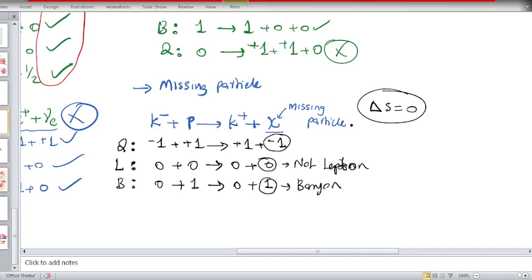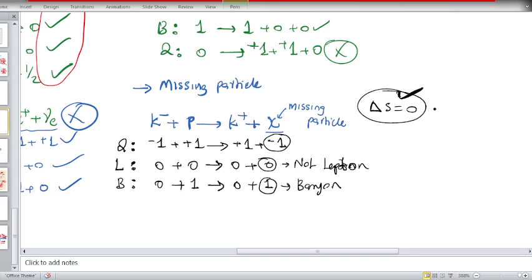So depending on the question, those values will be different. If all these values are conserved, then you can take delta S equal to 0, which means that it must be a strong or electromagnetic interaction. In that case also delta S is equal to 0, delta I equal to 0, delta I3 not equal to 0.